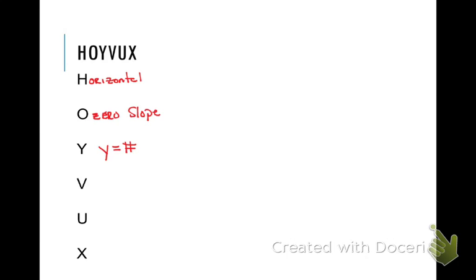It'll be an actual constant. Whereas with a VUX line, it's going to be vertical, undefined slope, and it'll always look like x equals a number.